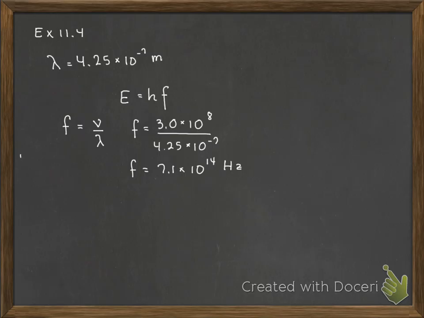So the energy that we are looking for can be found by using the version of Planck's constant that is already in electron volts. So 4.14 times 10 to the negative 15th times our frequency.